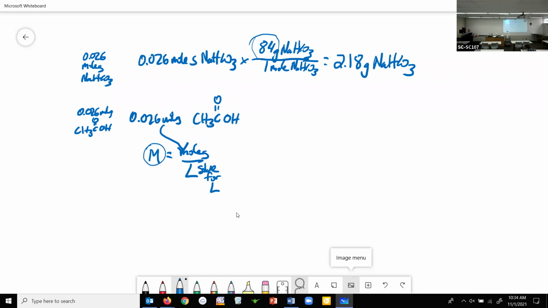But we can't do that without knowing the molarity. So here's the experiment within the experiment. What's the molarity of the vinegar? What is the concentration of the vinegar?